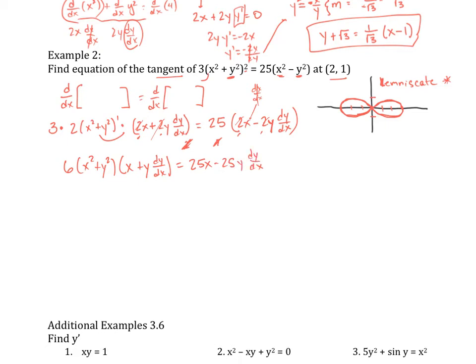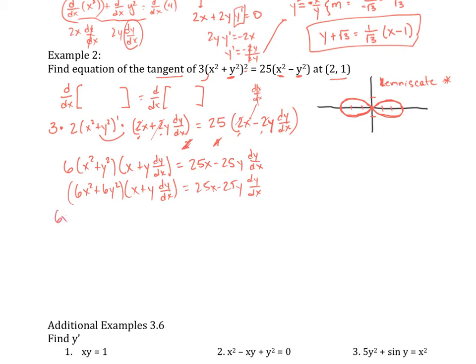All right, let's see what I can clean up and distribute over here as well. So over here I will get, let's just say, 6 times (x squared plus y squared), and then times (x plus y dy dx). Over here I have this 25x minus 25y dy dx. Okay, now I'm going to FOIL the left side out.